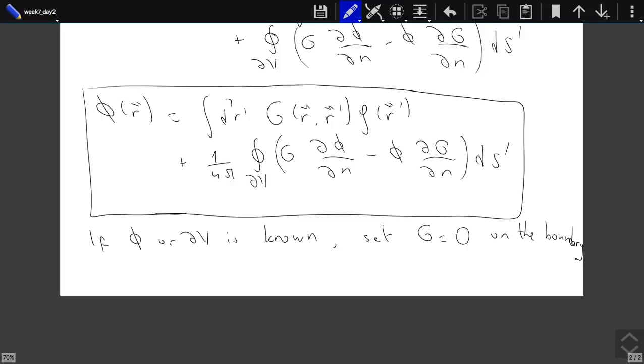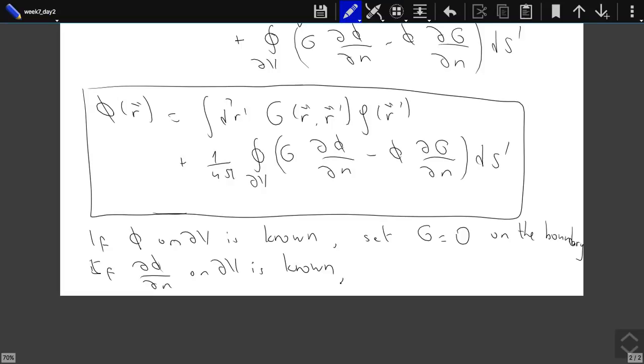Now, if instead of the value, we know the derivative, well, in fact, if we only know the derivative of phi, we cannot really uniquely determine phi. Basically because the Poisson equation tells me the second derivative, and on the boundary I know the derivative.